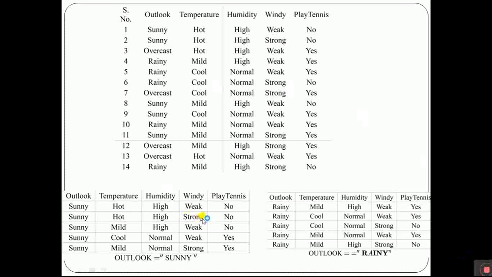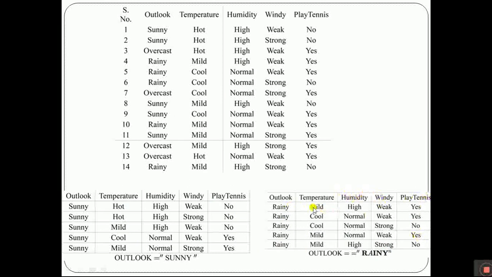If I consider sunny, again there are further categories: in temperature, hot, mild or cool; in humidity, high or normal; if it is windy, weak or strong. Based on that we can play tennis, yes or no. Similarly for rain, based on temperature, humidity, windy, we can play tennis.